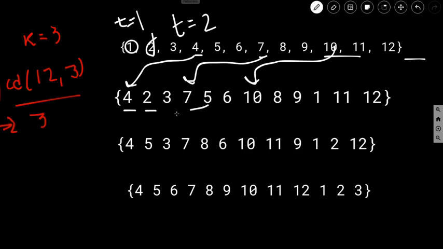In place of 2 we will get 5, in place of 5 we will get 8, and in place of 8 we will get 11. Now we can see that in the final array the value of 5 would be at the second place. So in this second set we have the value 5 at the second place.